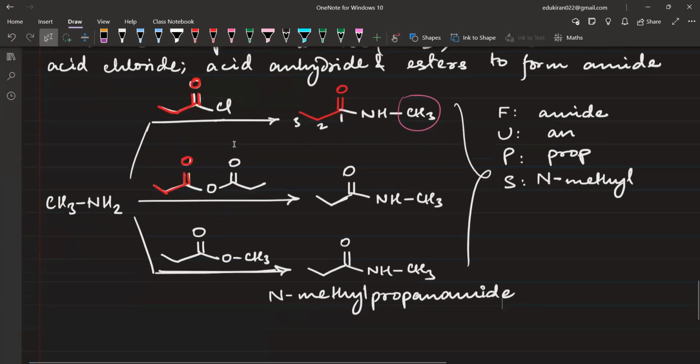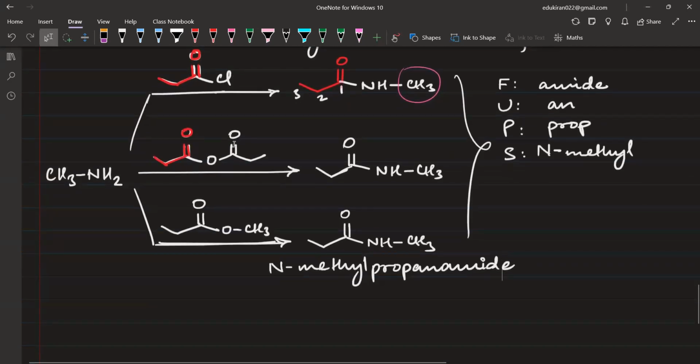Now we have considered almost all the cases of C double bond O, but we have not considered when you have C double bond O and then OH. है ना, हम लोगों ने acid chloride देख लिया, but the main thing, that is the carboxylic acid, we have not seen.